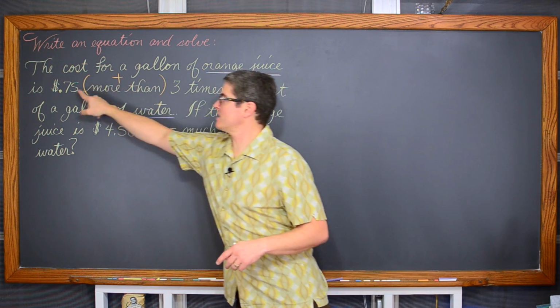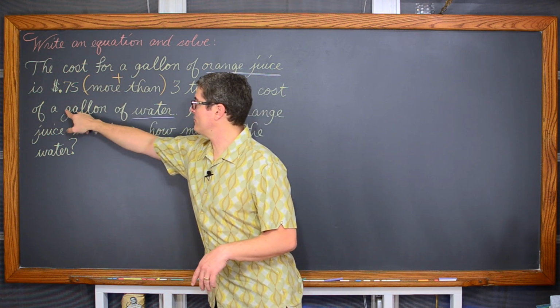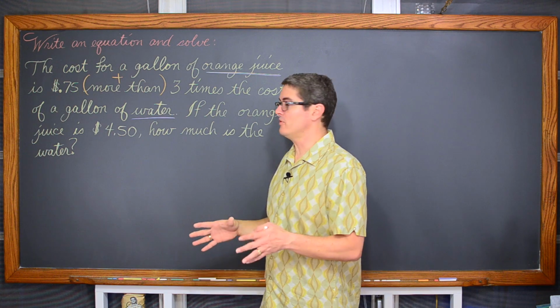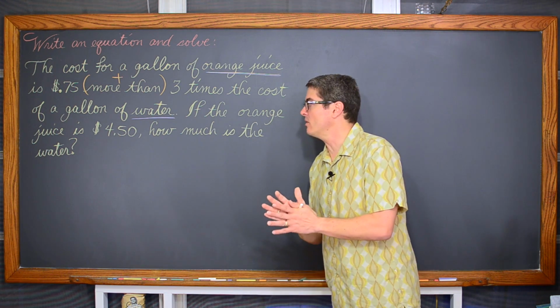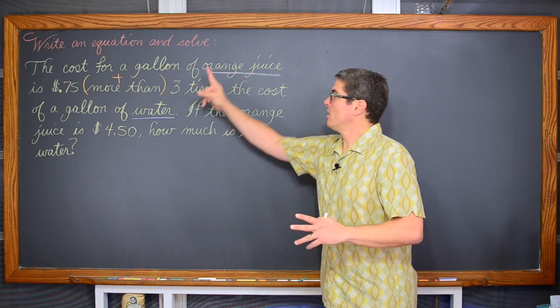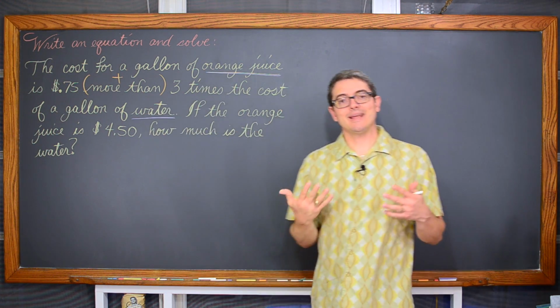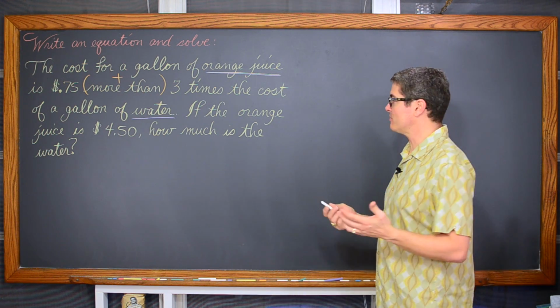It's 75 cents added to 3 times the cost of the water. And we know nothing about the price of the water, if you will. So really the water is the completely unknown value. And then from that, we're calculating the cost of the orange juice. So the water is actually the independent variable. It's the value that's completely unknown.